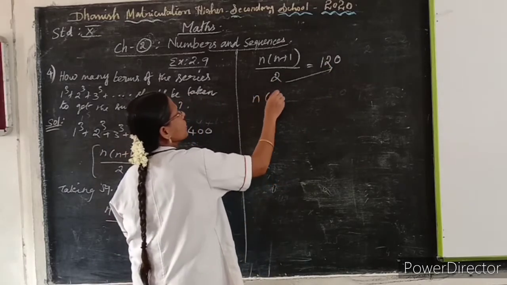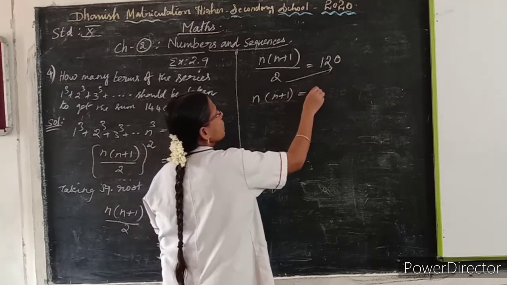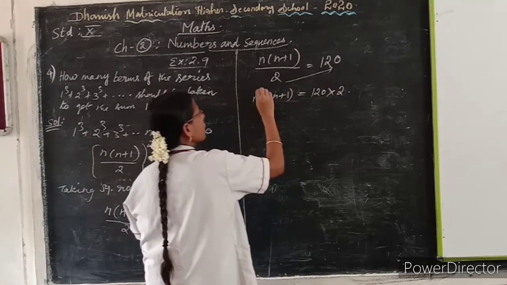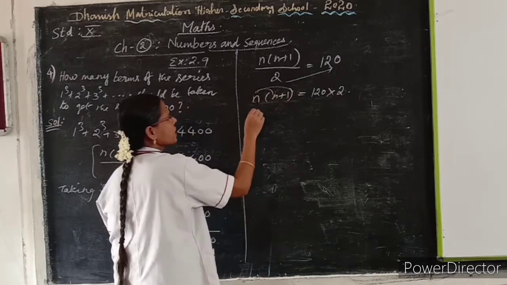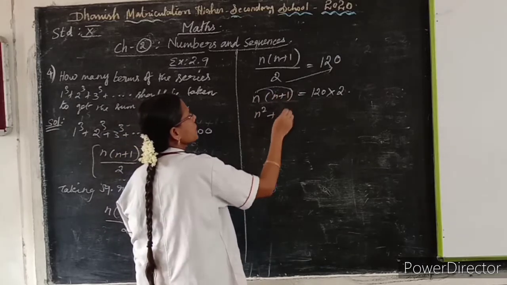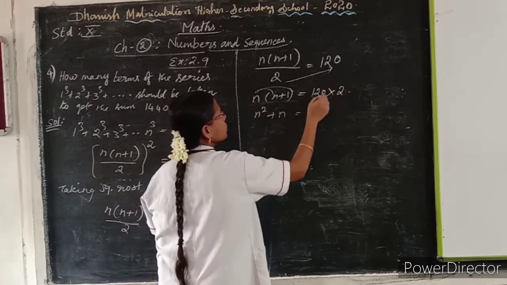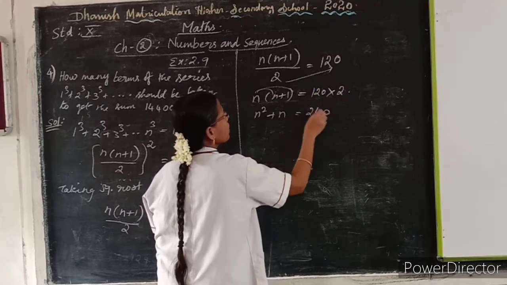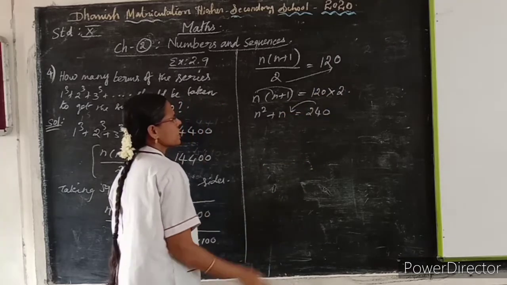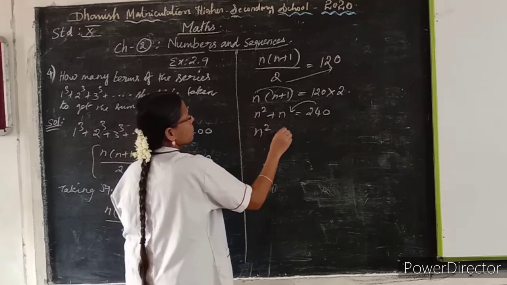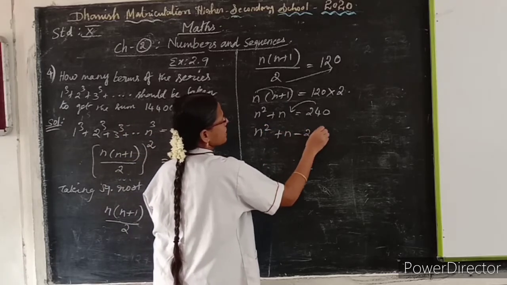Now transfer the denominator to that side. So n into (n plus 1) is equal to 120 into 2. Now multiply: n into n is n square, plus n into 1 is n, equal to 240. Transfer this constant term to this side: n square plus n minus 240 is equal to 0.